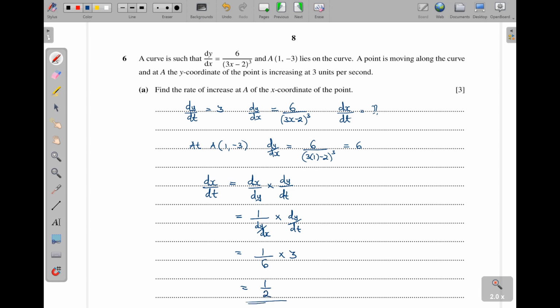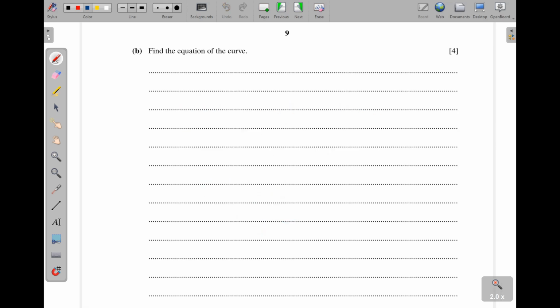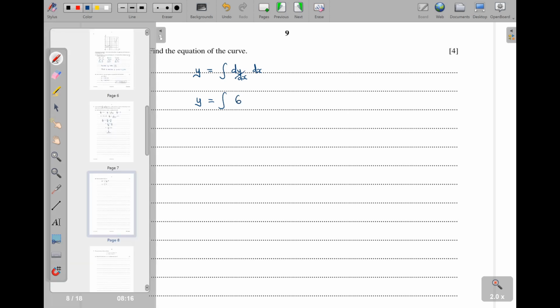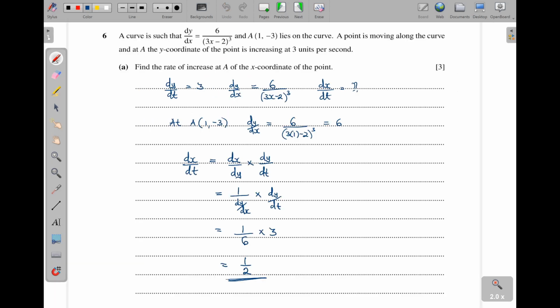So that is that. But for part b, find the equation of the curve. Of course, here we are just going to integrate. So y will be equal to the integral of dy/dx with respect to x. Remember, we have 6 over (3x minus 2) cubed.